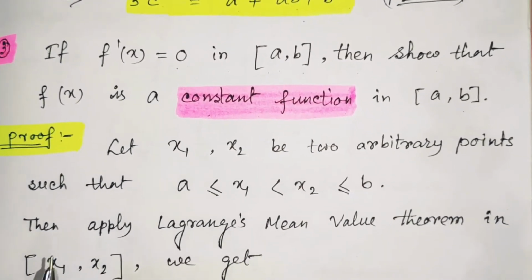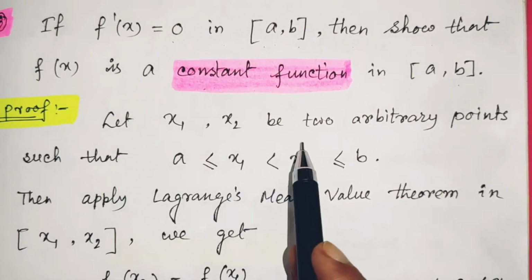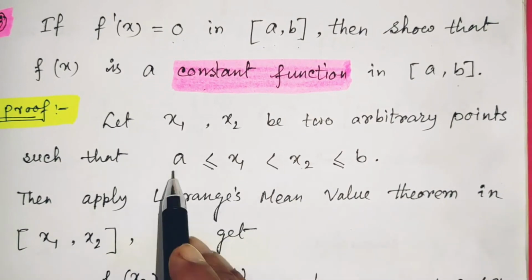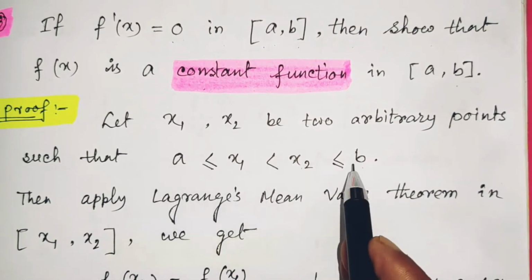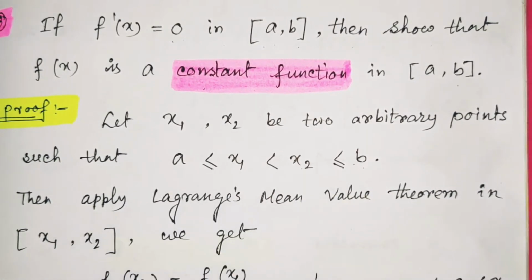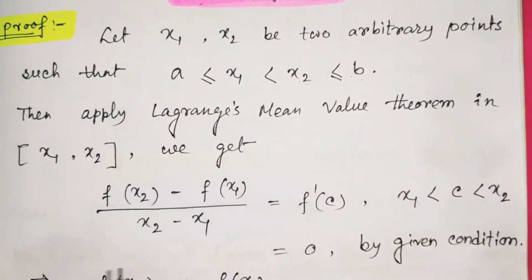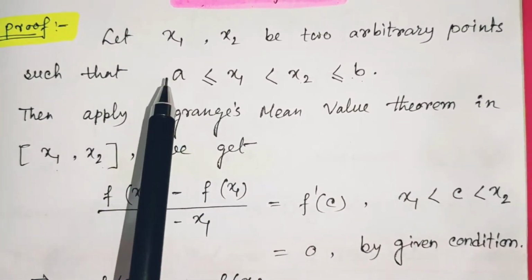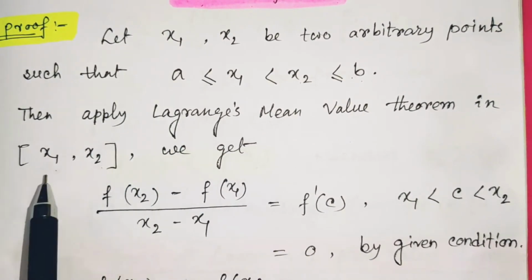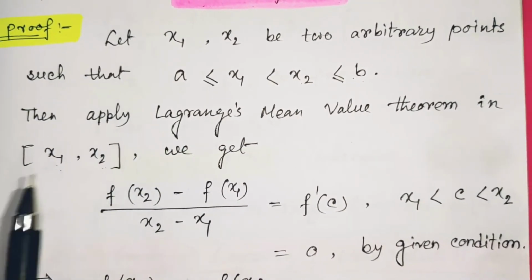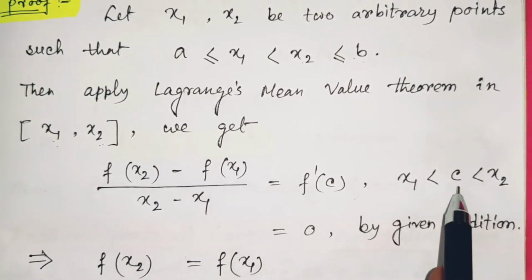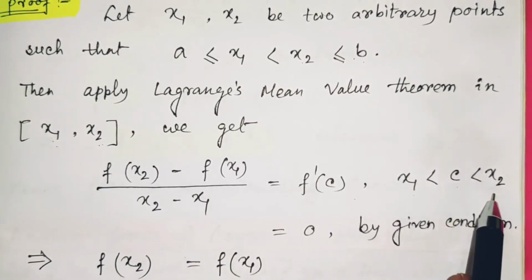At first let x1 and x2 be two arbitrary points such that these two points lie in between the interval a and b. Then we apply the mean value theorem within the range x1 and x2. Within this range, this is the formula for the mean value theorem. So definitely c lies in between x1 and x2.